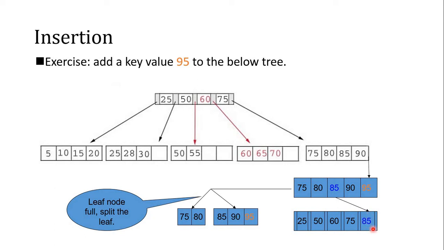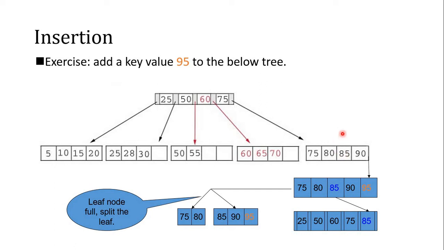Okay, because 85 is the 5th value for this markup level, but in the markup level only 4 keys can persist. So these values are split again. This value is split here, exactly here, because 85 will go up.